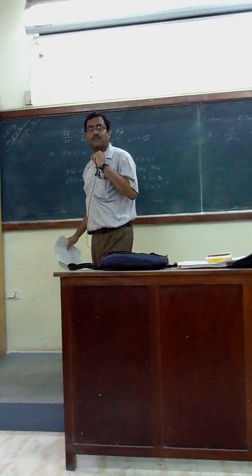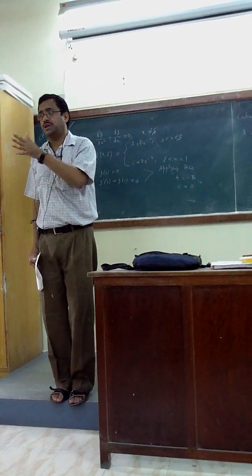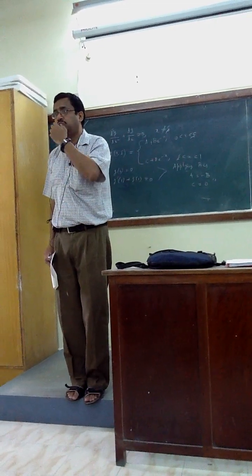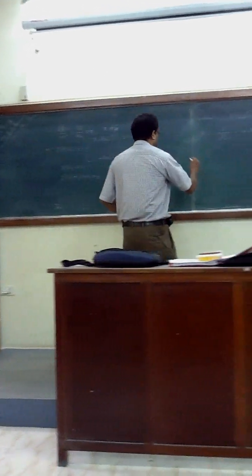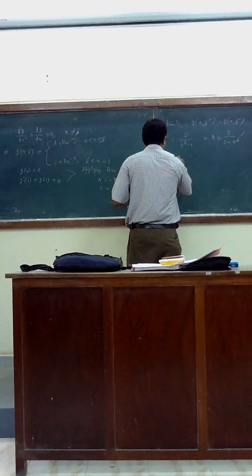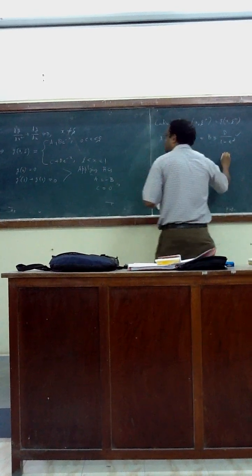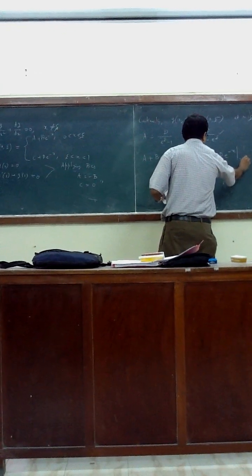Is this part clear to all of you? Nikita? Clear? If we apply the condition, what actually happens? A plus B e to the power minus x at x equals z equals C plus D e to the power minus x at x equals z.